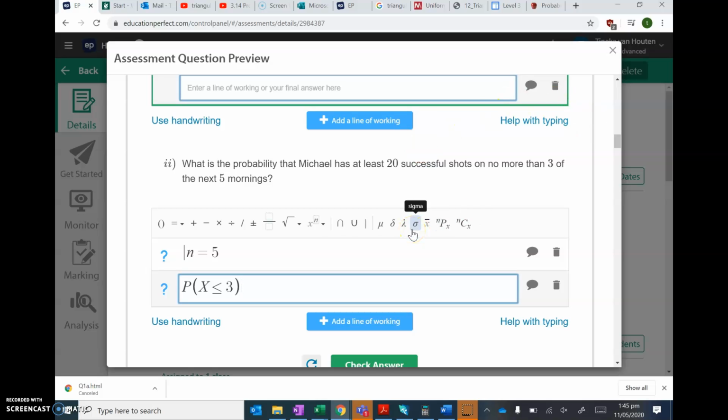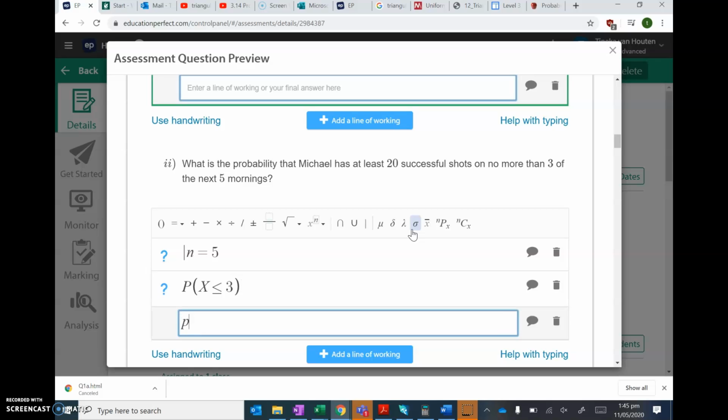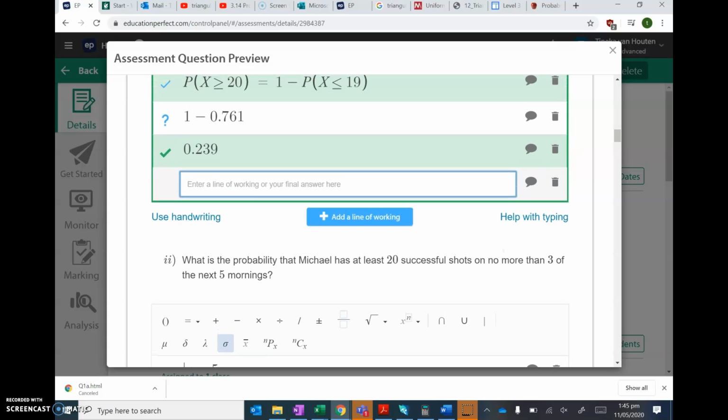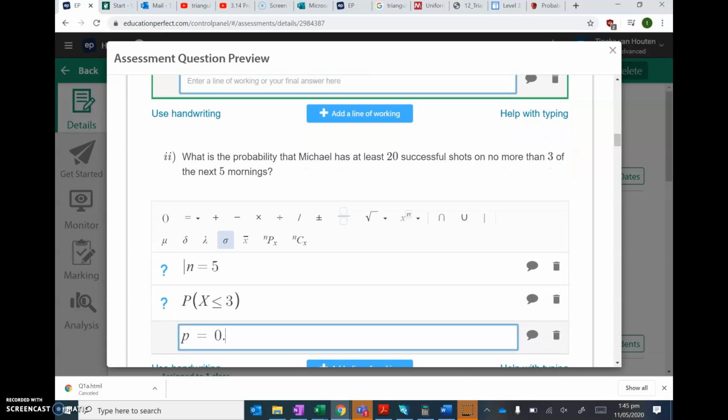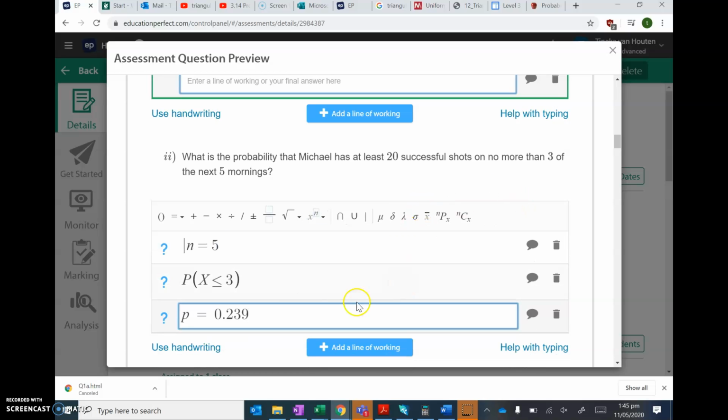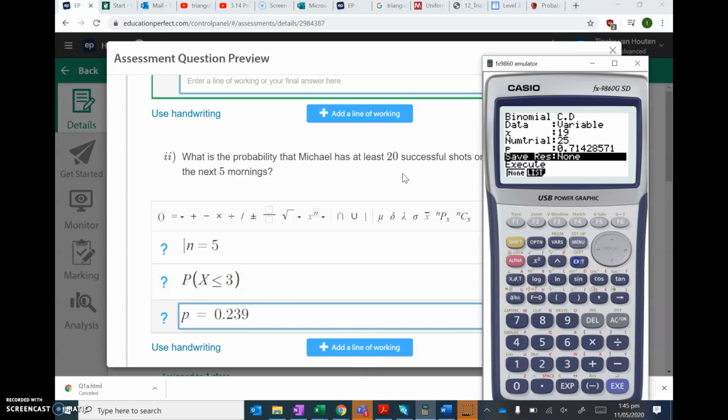Now the probability he has at least 20 successful shots, so his probability of success, we worked out before, is 0.239. So I'm going to use this information in my calculator. It's already less than or equal to. It's nice and easy for me.